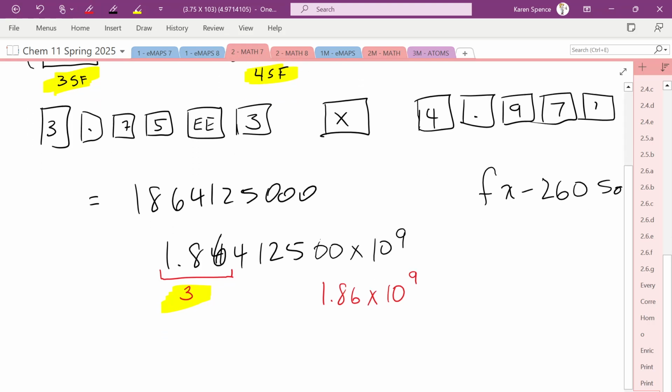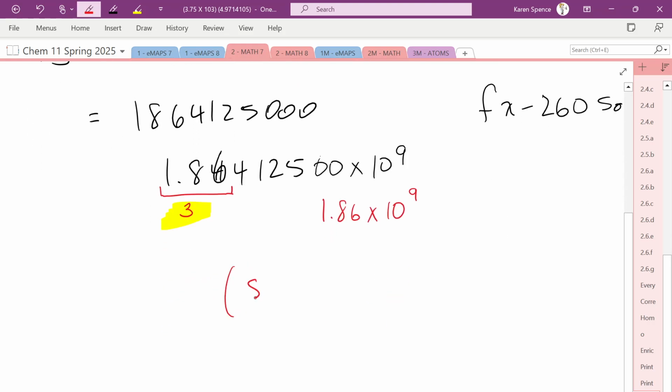If you are really lucky, you might have a button on your calculator that says this. And if you have one that goes between scientific and fixed, or it says sci fix, then you are lucky, and you don't need to go mode anything. If you have the little Casio, mode 8, 9 will get you into scientific notation.